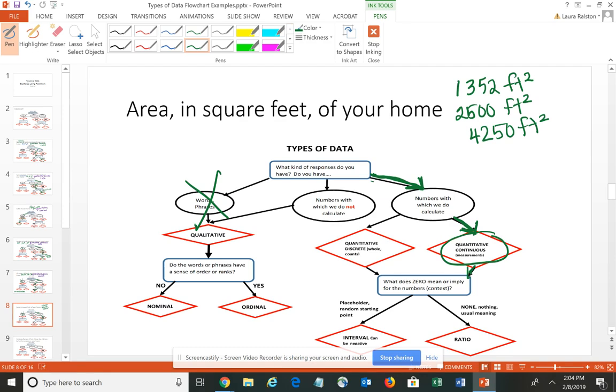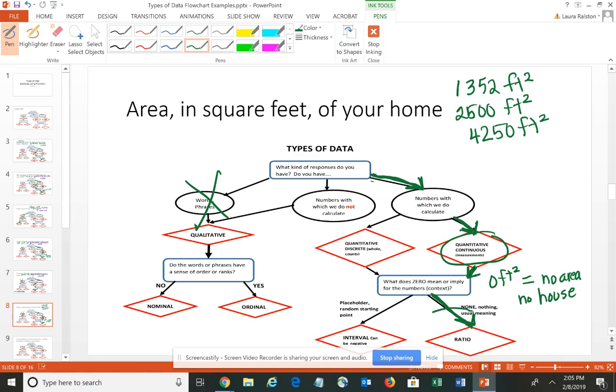Thinking about what zero means, if I say my house is 0 square feet, that does mean that I have no house or no area. If I have no area, I have no house. So in this case, it represents ratio. Zero would imply none.